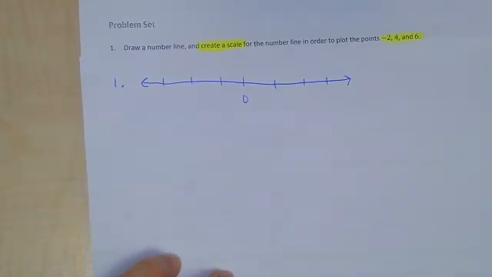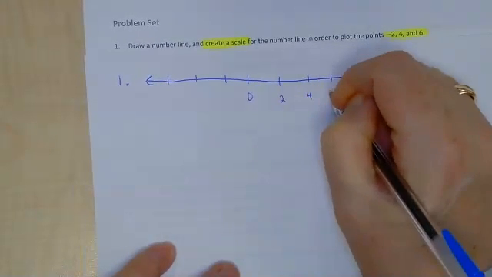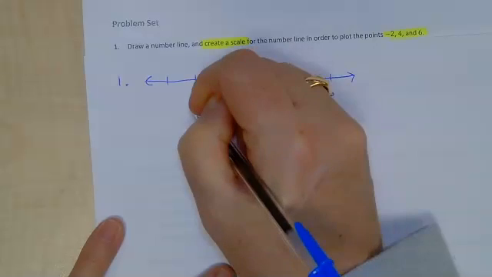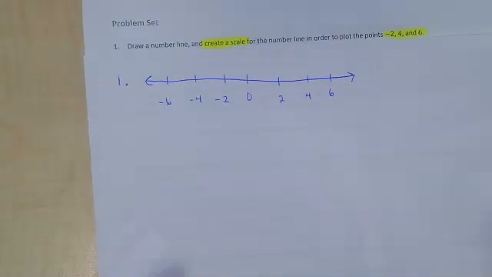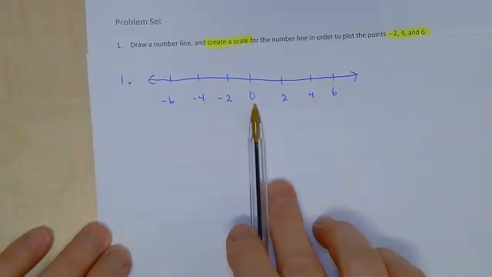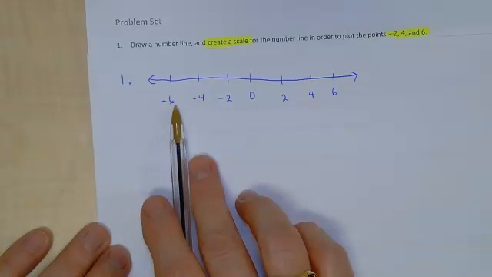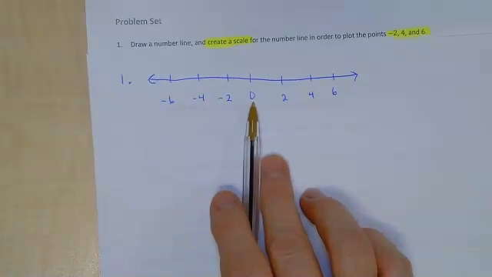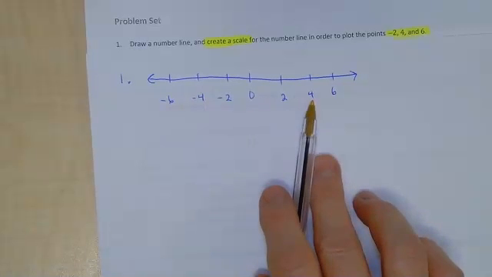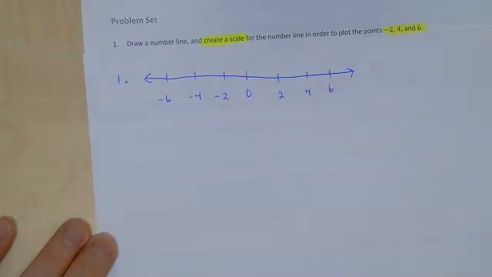So go ahead and put this number line in your composition book. We're going to count by 2s this time, because the scale means every interval in between has to be the same amount. So you can't go like -6 and then 2, 1, 0, or 1, 5, 7. You have to count by some same number.